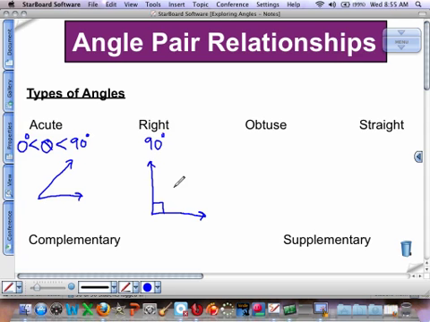All right, so for obtuse, Christina, what's an obtuse angle? More than 180? Less than 180? Like 85?